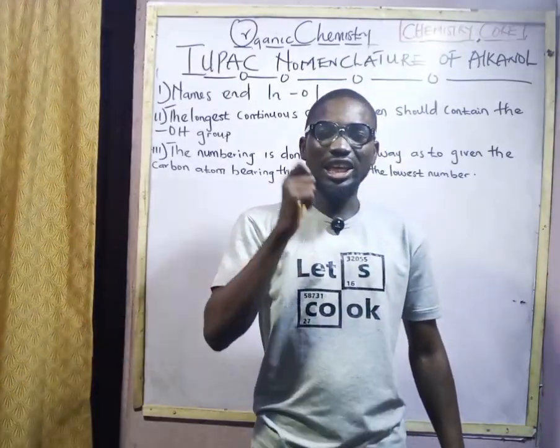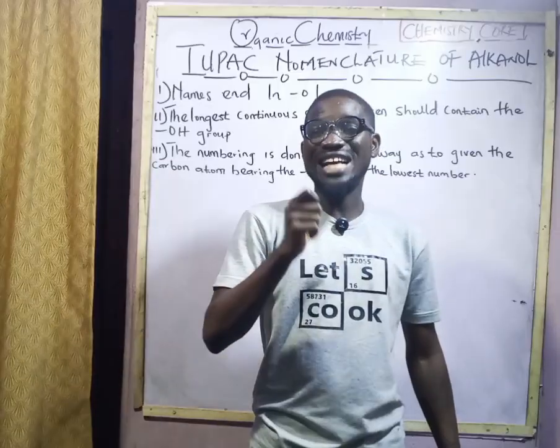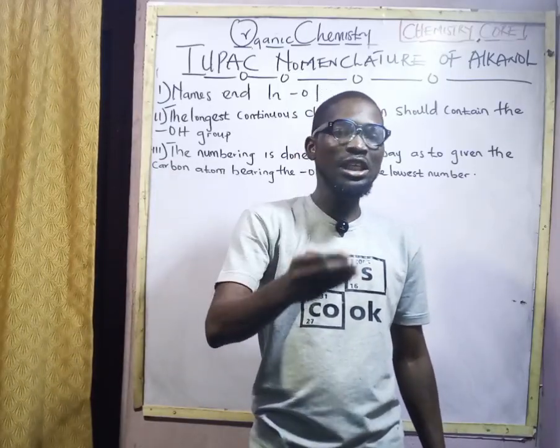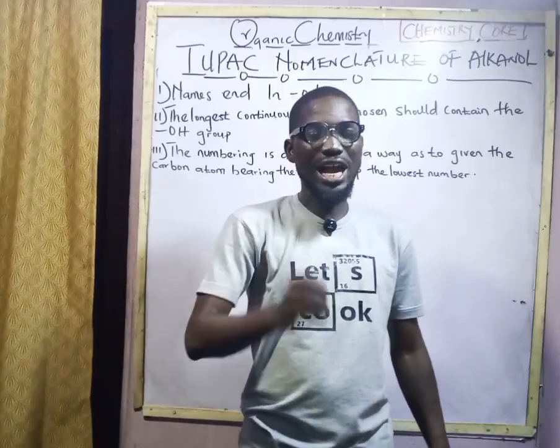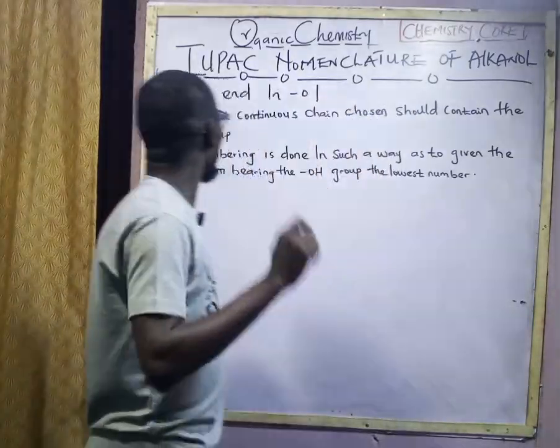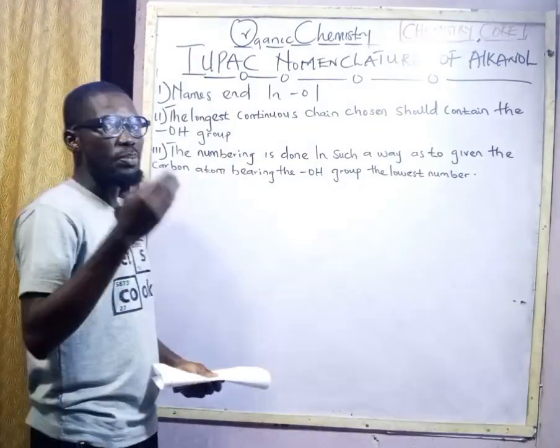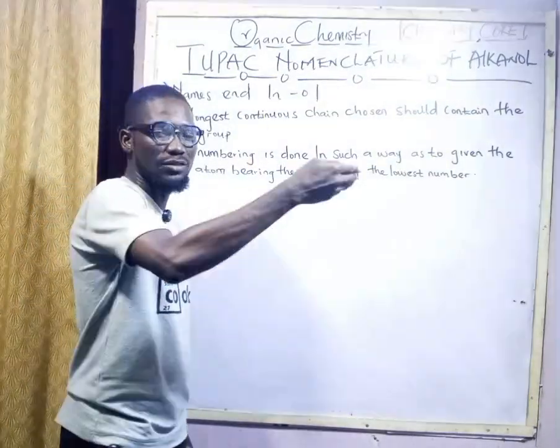Not one thing. If you are to name any compound as far as alcohol or alkanol is concerned, you need to know the following. So guys, the first thing you need to know is that names end in "ol." That is the parent's name of alkane.